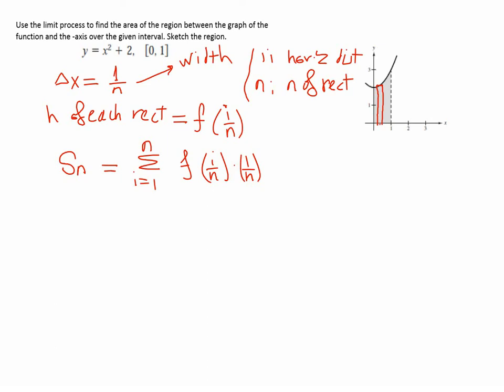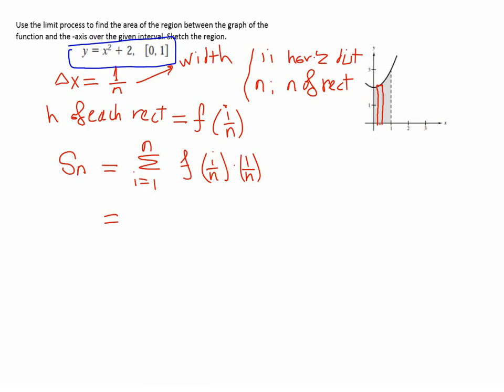If I want to put it in the simplest form, it would be like this. f of x in my problem is y equals x squared plus 2.